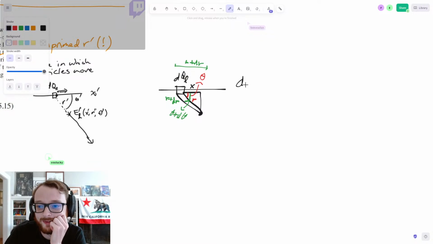So what I want, I'm saying dl is equal to dx, if I do call it x. And then I guess we want cosine theta is equal to x over r.